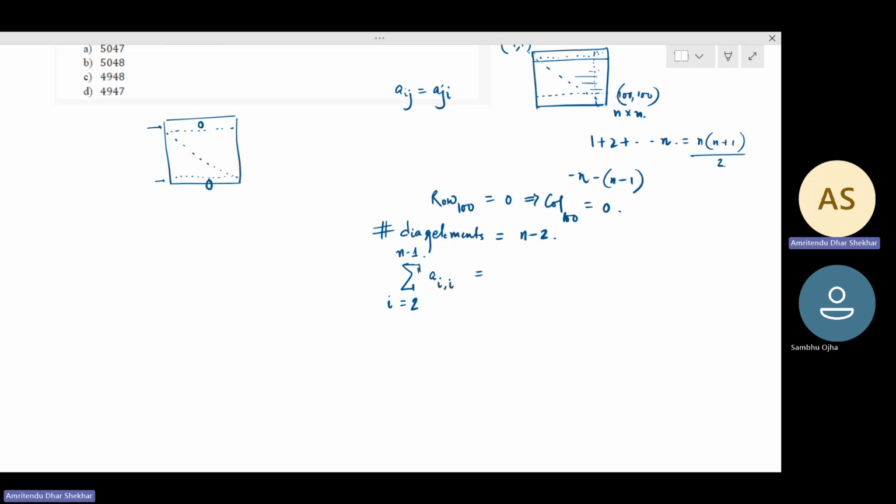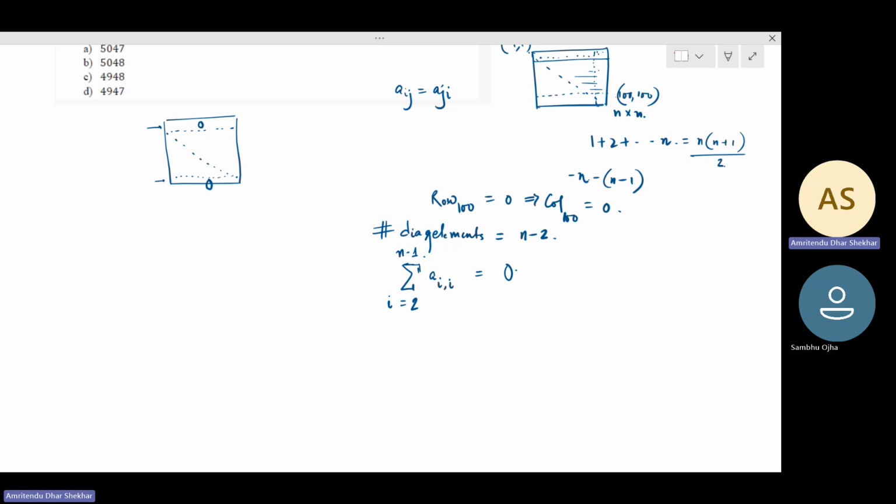So what this means is that out of these n minus 2 elements, you can independently choose n minus 3 elements, because one of the elements, well, you can pick any element.